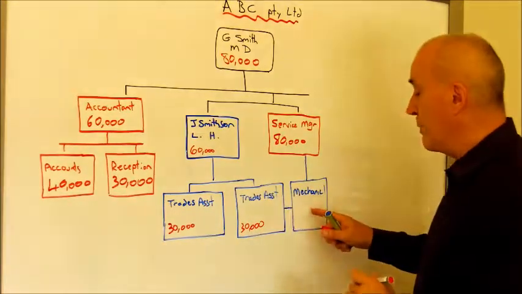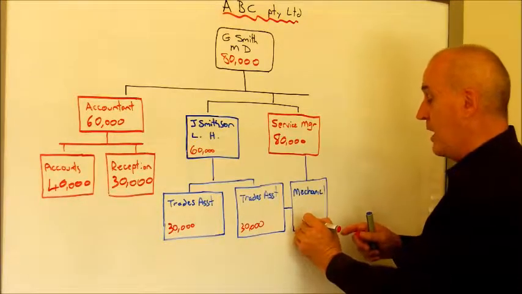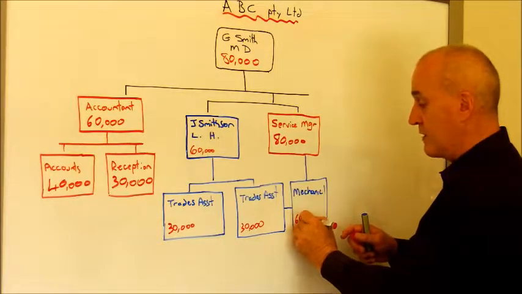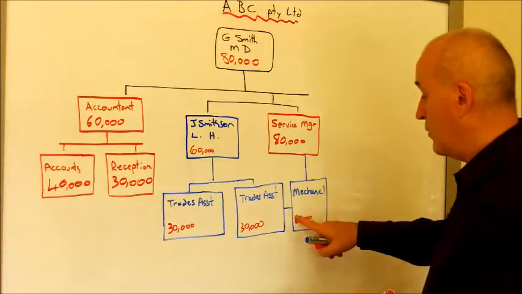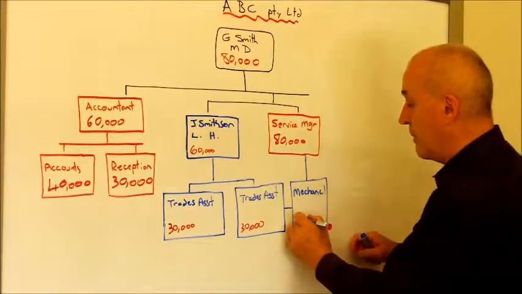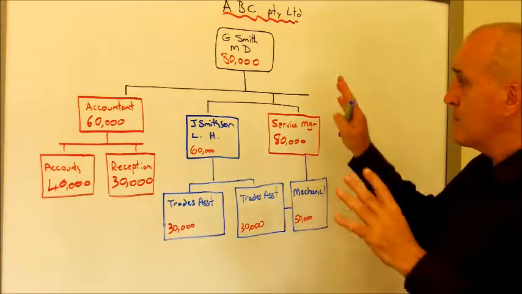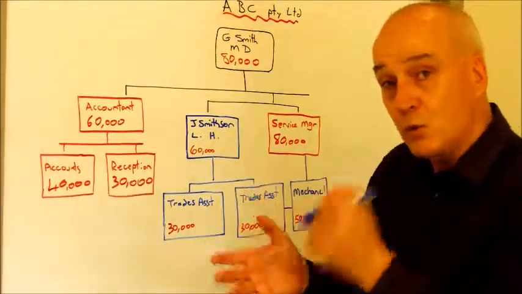We'll show this motor mechanic who's producing income as an expense, and that income for him, let's say, again, is $60,000. Or if we wanted to change it just to be different from that one there, we could make that $50,000. And that's pretty much our organisation chart. But what we need to do with this now is ask ourselves some more questions.